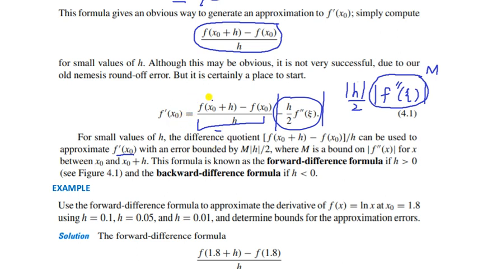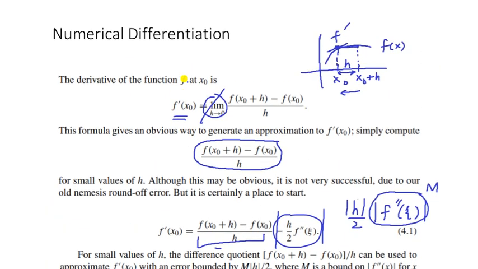Okay, so this is known as your difference formula. This h can be anything. h can be positive or h can be negative. If h is positive, we call it the forward difference formula, and if h is negative, we call it the backward difference formula. If I take h to be positive, it means I am going to the right side, right?